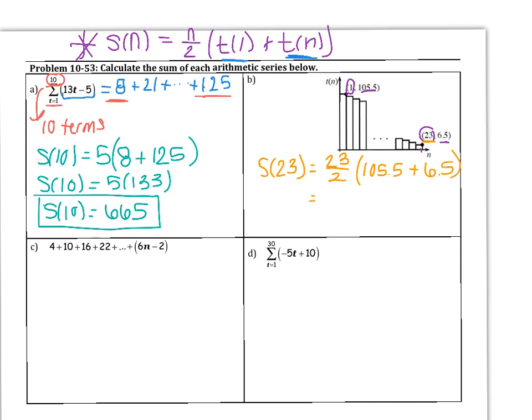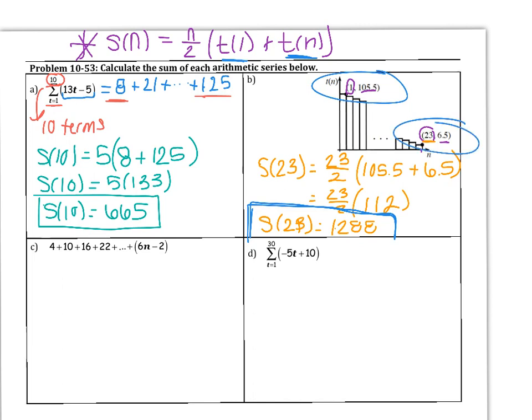So 23 halves times 105.5 plus 6.5, which is 112. And you would compute that in your calculator, and you would get 1,288. So this was represented in the form of a graph, but we still can easily identify all of the needed information to compute the sum of that series.